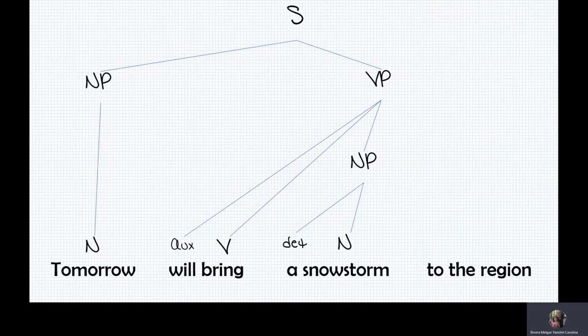So, to the region, this part answers the question where. Where will it bring a snowstorm? To the region. That is the answer. So this prepositional phrase is being used as an adverb phrase. That is the function, the use of this prepositional phrase.